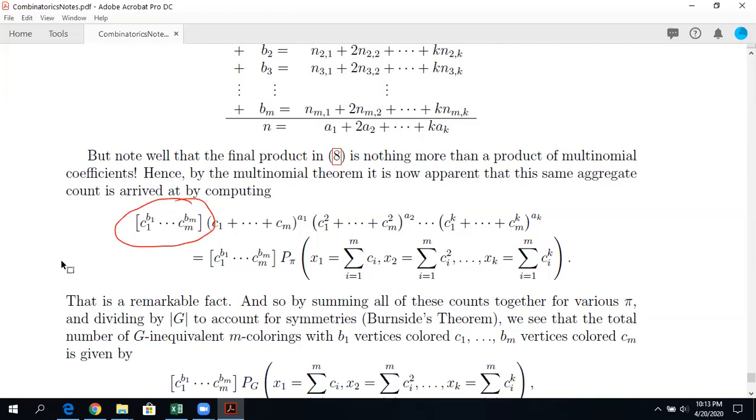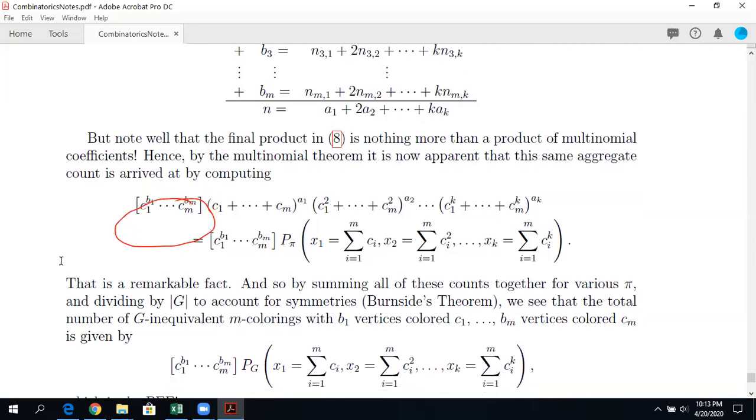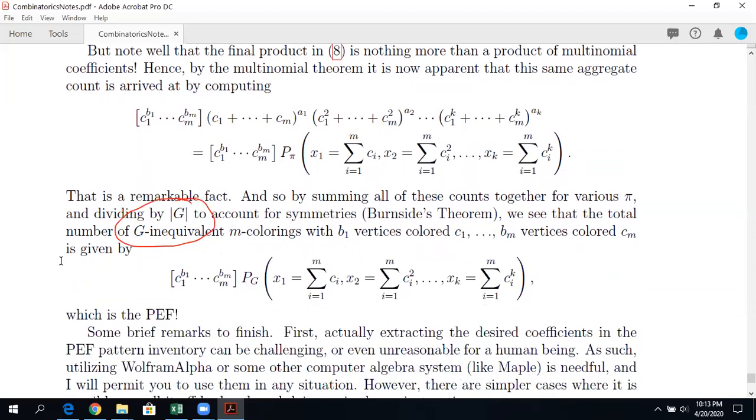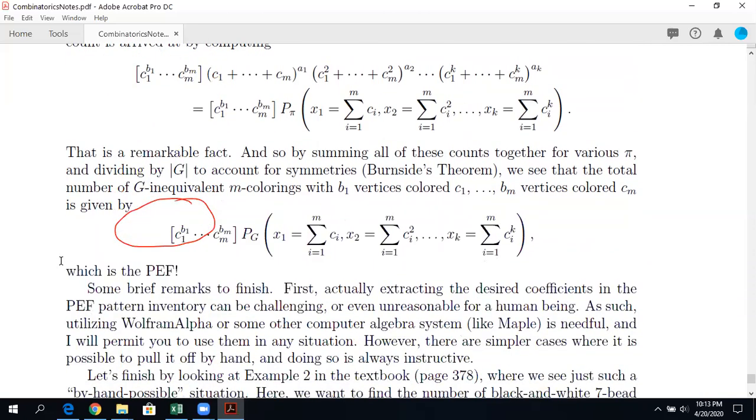You get the total number of G-equivalent M-colorings with B1 vertices colored C1, et cetera, all the way to BM vertices colored CM, being given by just that formula right there. Coefficient of C1 to the B1, all the way up to CM to the BM, of the cycle index polynomial with various x's replaced by those corresponding sums of variables involving color variables.